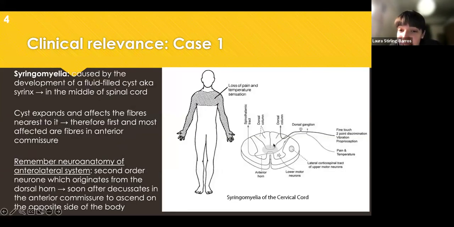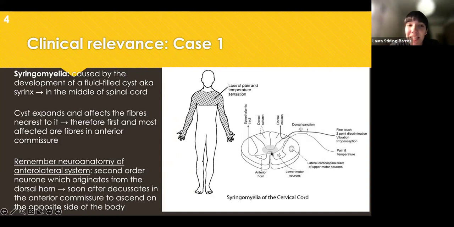The answer is that this injury is where the anterolateral system crosses over from one side to the other, where it decussates. And we said earlier that this decussation is through the anterior commissure.